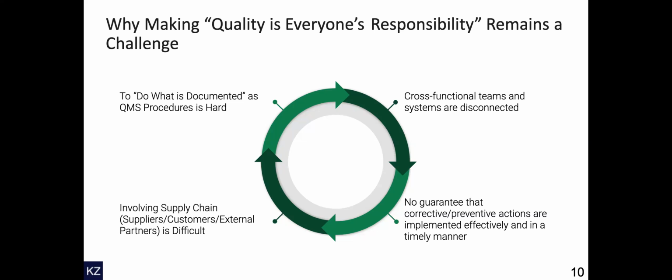And most processes, quality management processes, are cross-functional. And when you have multiple people, multiple functions involved in good quality processes, right, it is also very, very hard to orchestrate such things.